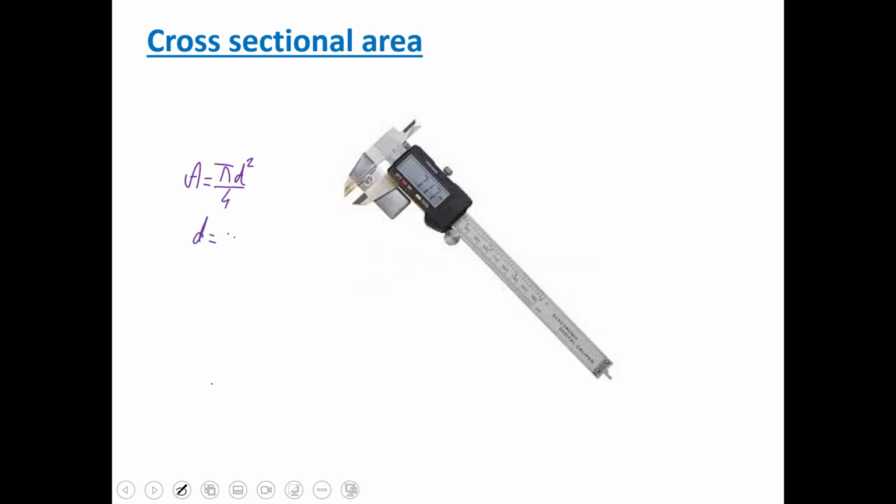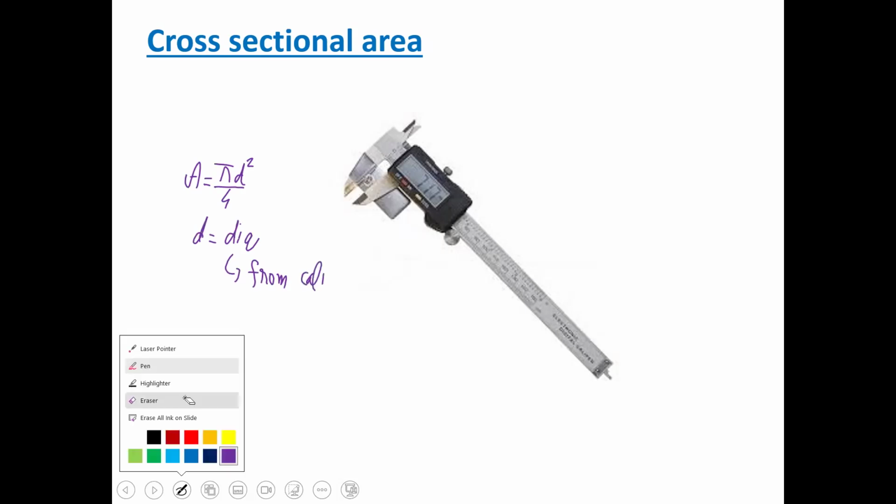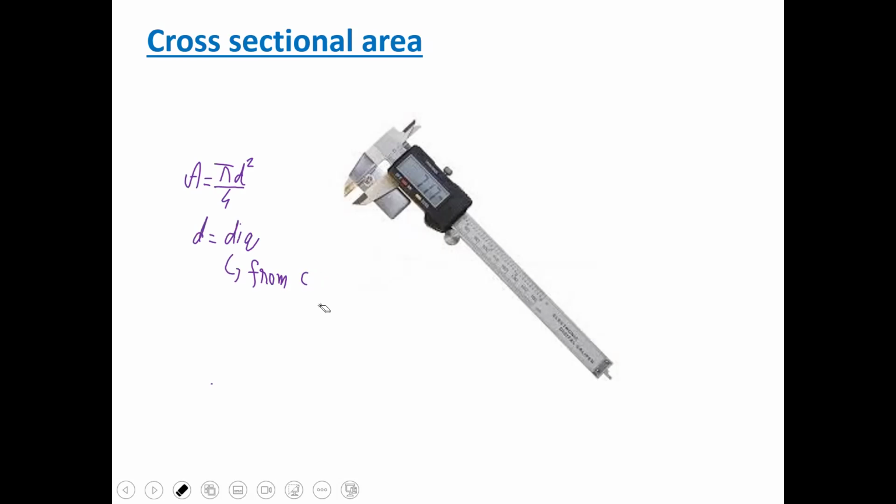What is d? d is the diameter. We will measure the diameter with the caliper.